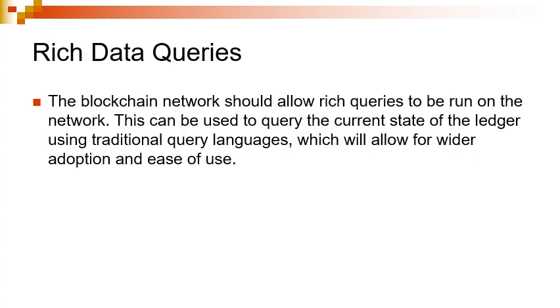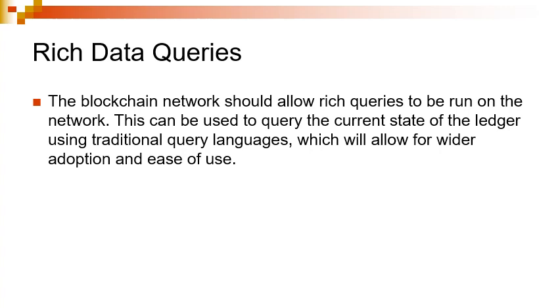Rich data queries. Hyperledger should allow rich queries to be run on the network. So this can be used to query the current state of the ledger using traditional query languages, which will allow for wider adoption and ease of use. So the meaning of this is that we should be able to query.